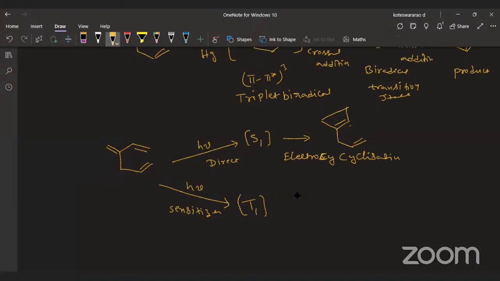This triplet state undergoes the intramolecular cross-reduction reaction. Then it leads to the formation of the product.